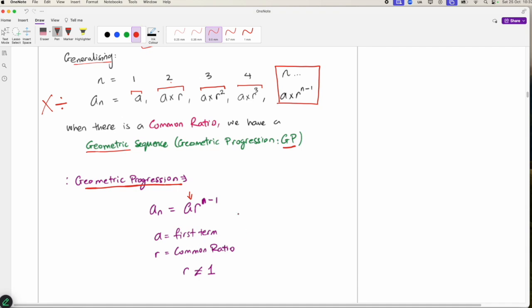Now notice the common ratio cannot be 1, because then you'll have ar to the 1 minus 1, which is ar to the 0, which is just a multiplied by 1. You're never going to get a sequence there.